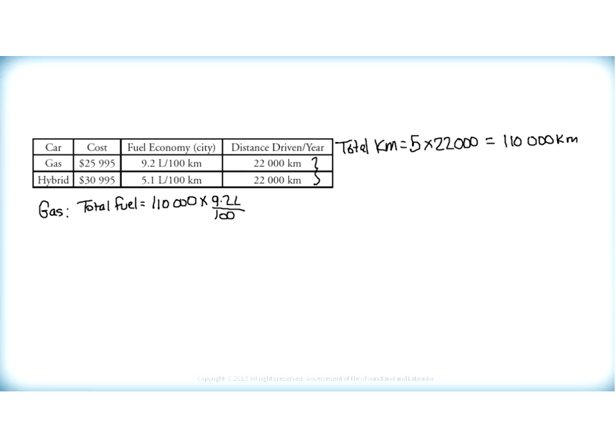So once again, we're doing 110,000 times 9.2, and then we're going to divide that by 100 because the 9.2 liters is every 100 kilometers. So we put that into our calculator, and we find that Francois, using the gas car, is going to use 10,120 liters.